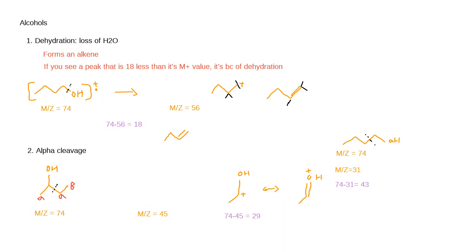And then also to denote our structure, this is where the alpha carbon is. This is where the beta carbon is. And so one carbon away is going to be alpha, two carbons away is going to be beta, and then three carbons away is going to be gamma, which is like your Y. Okay?